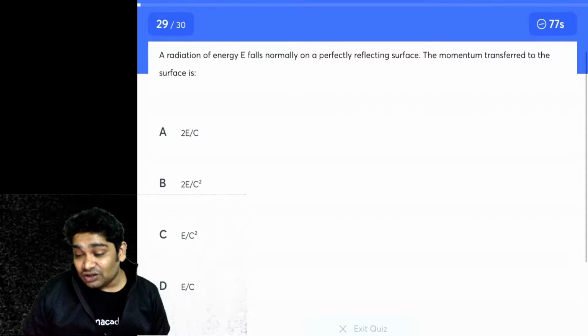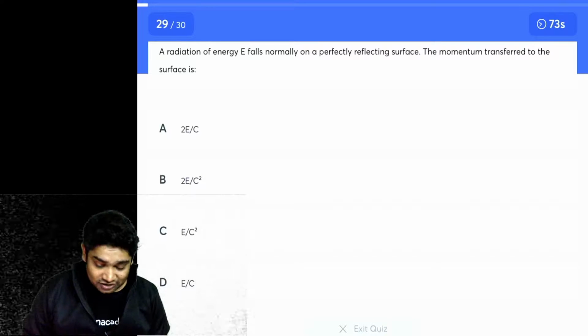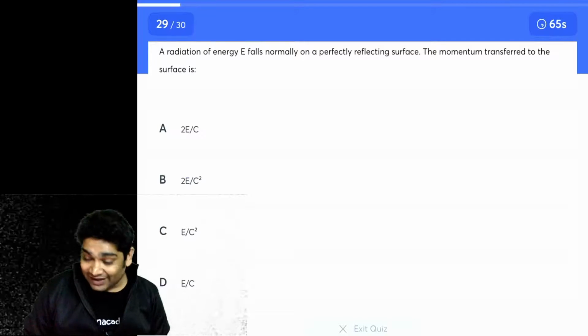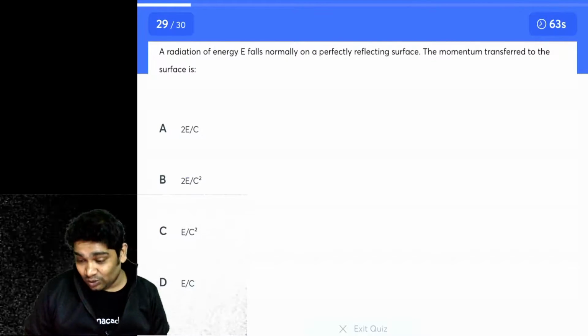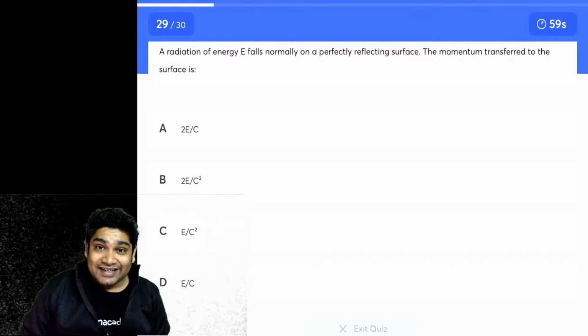Okay, so the radiation of energy E falls normally on a perfectly reflecting surface. The momentum transferred by the surface is, this should be easy: is it A, 2E by C? Is it B, 2E by C square? Is it C, E by C square, or is it D, E by C?